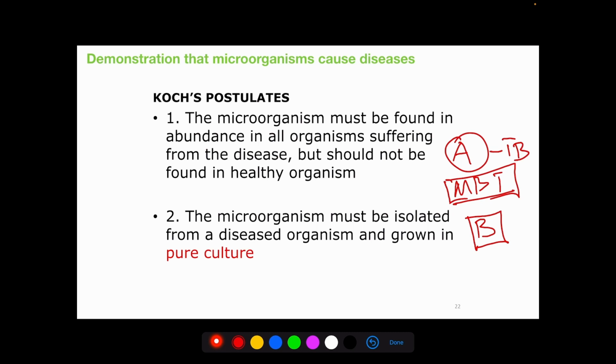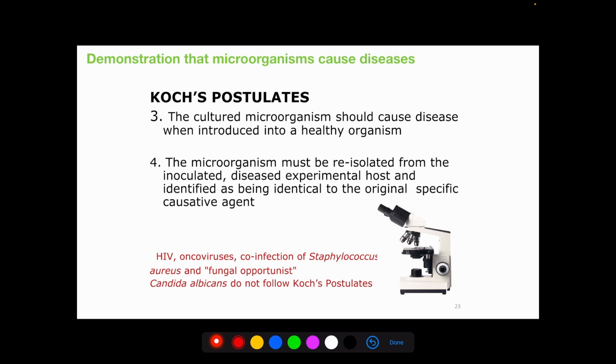Number 2, he said the microorganism which is causing the tuberculosis must be isolated from the diseased organism and grown in pure culture. So we should be able to isolate the Mycobacterium and grow it in the laboratory. Now, the third postulate is that the cultured microorganism should cause disease when introduced into a healthy organism.